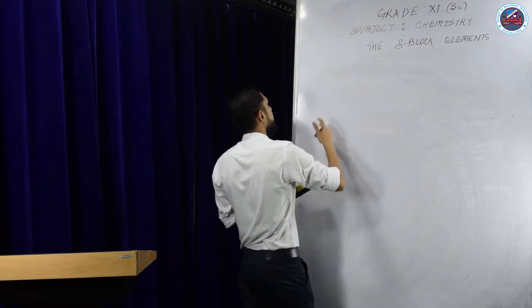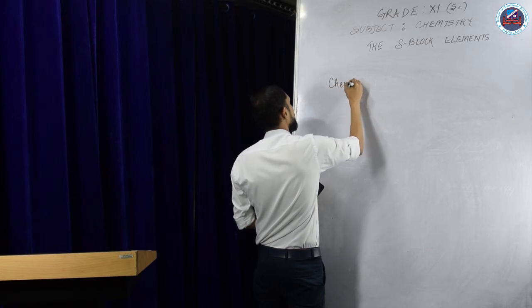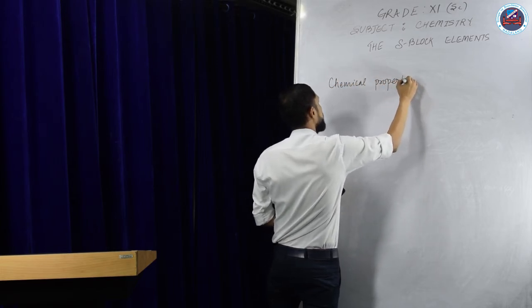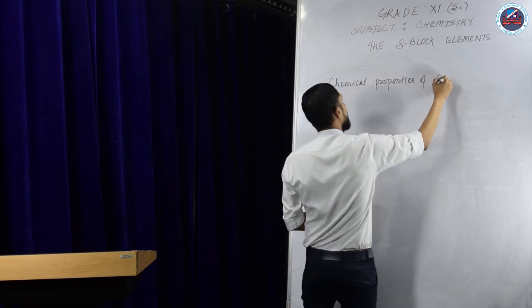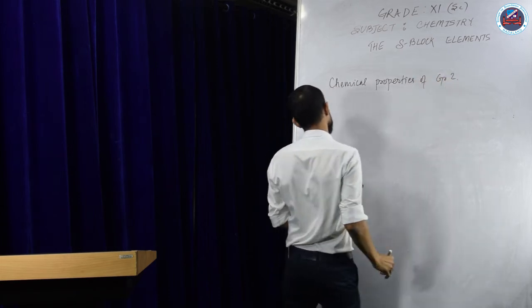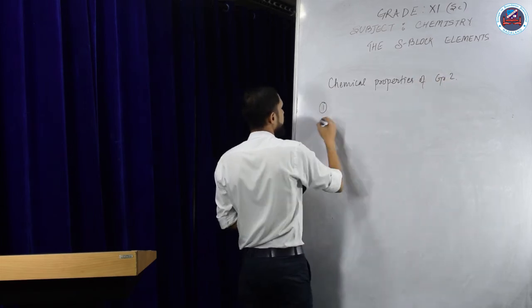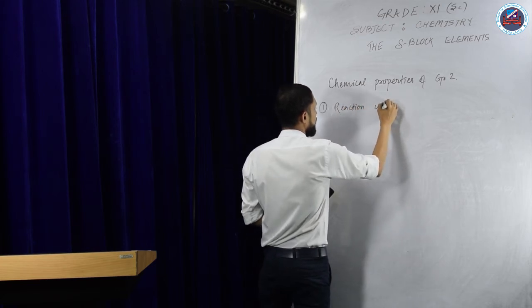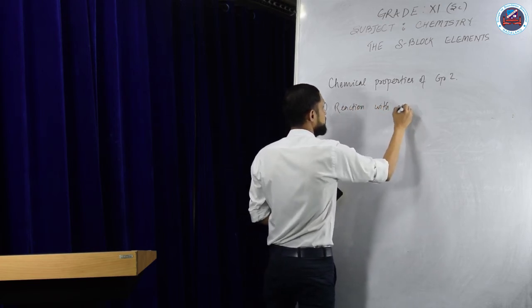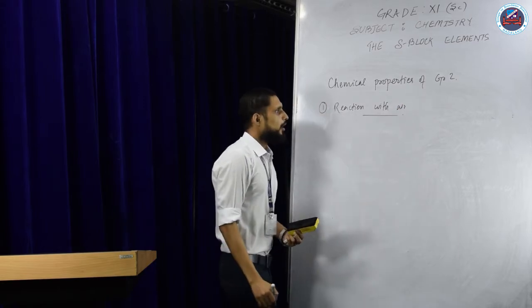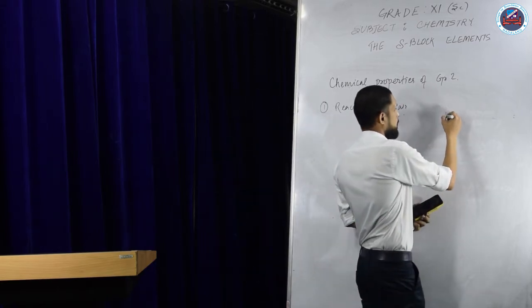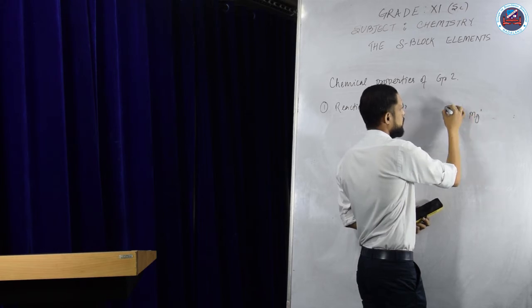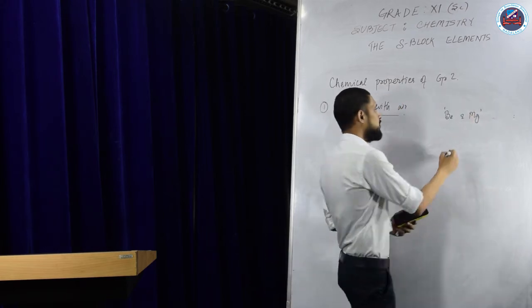Next, let us see the chemical properties. Chemical properties of group 2 elements. So first, let us see the reaction with air. Beryllium and magnesium are kinetically inert.